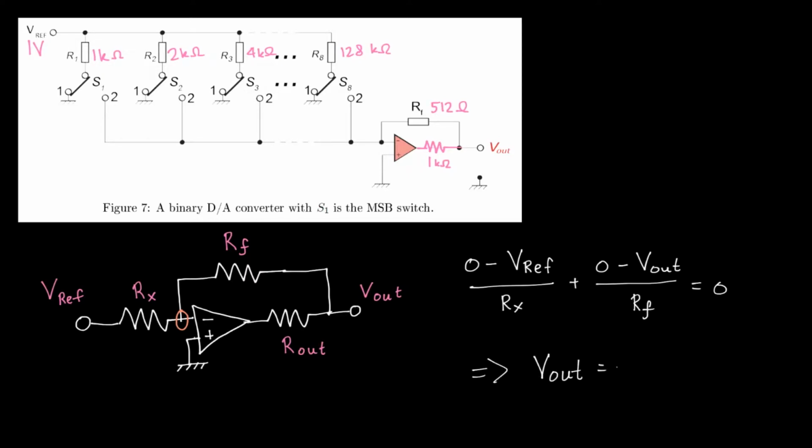Vout is minus Rf over Rx times Vref. As you can see, the relation between our output voltage, Vout, and the resistance introduced by our input code, Rx, is not dependent at all on this output resistance, Rout. So from that we can conclude that this output resistance Rout does not introduce any error at all.